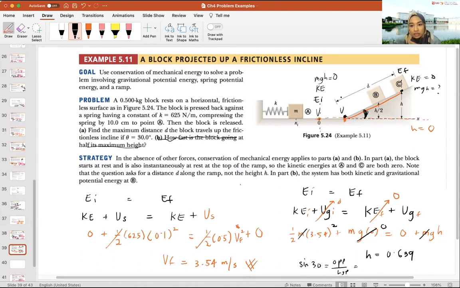Kalau saya nak cari D from here to here, what would change? If I wanted to find the D from here to here, apa yang akan berbeza kat sini? Come on guys, this is geometry. Geometry senang. What would change? The hypotenuse would change, betul.